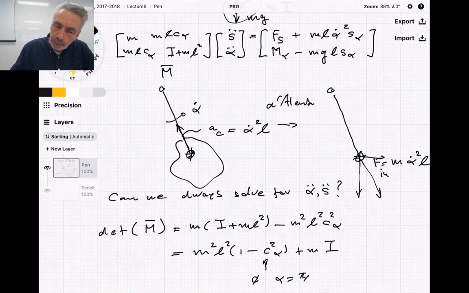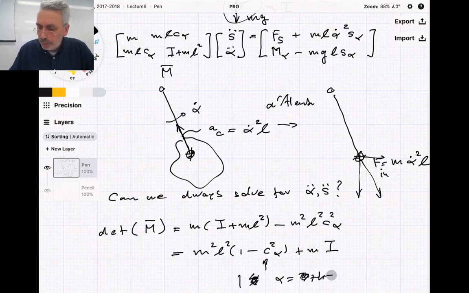Oh yeah, but the whole thing, not the 1 minus, it should be 1, right? Sorry. 0 plus k pi. That's 1 minus 1. So then this thing is 0. So that's for alpha 0 plus k pi.